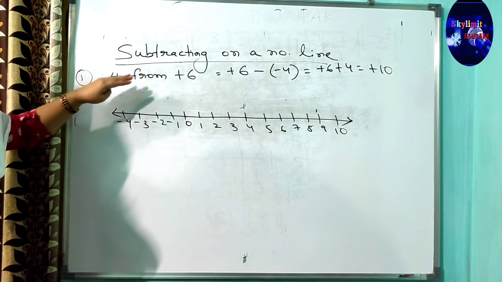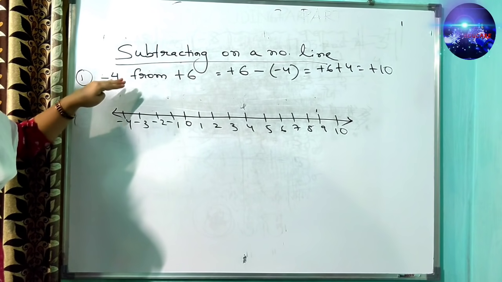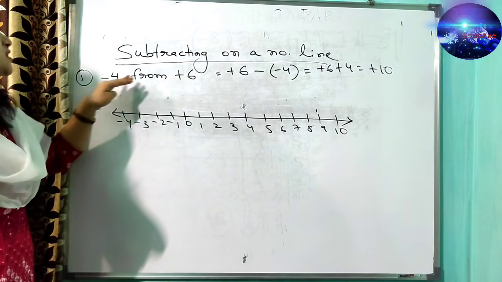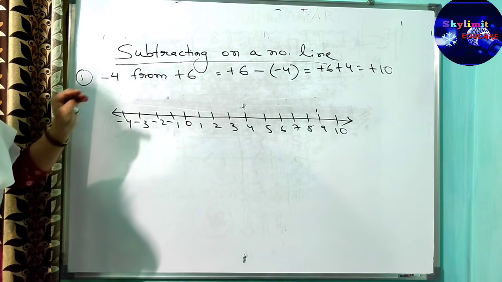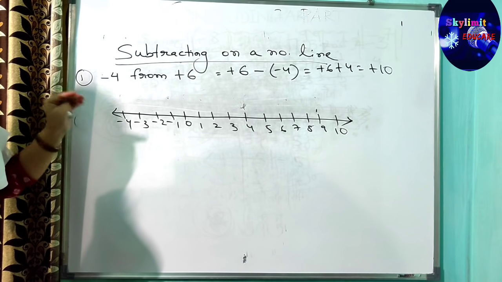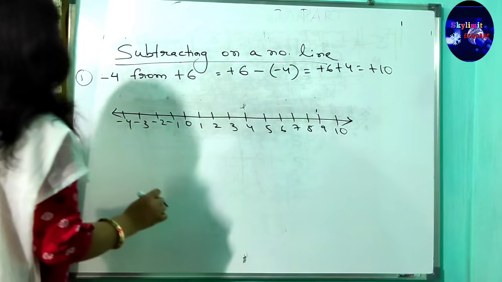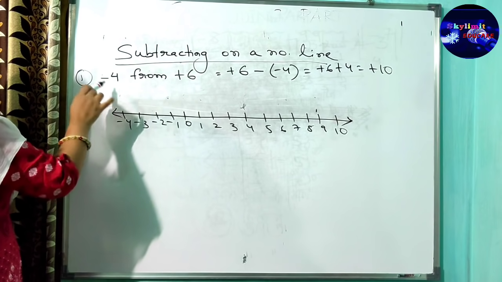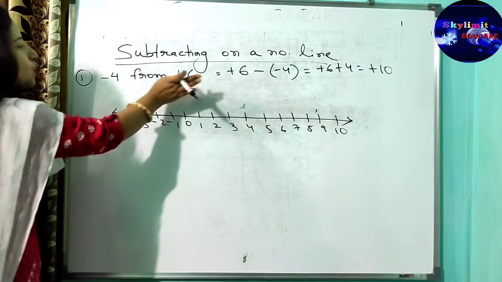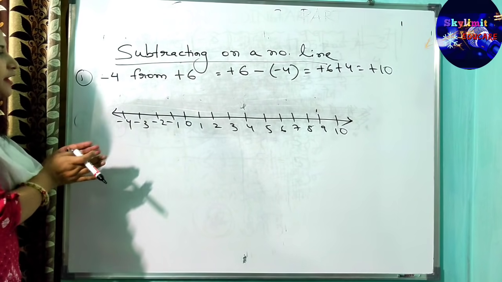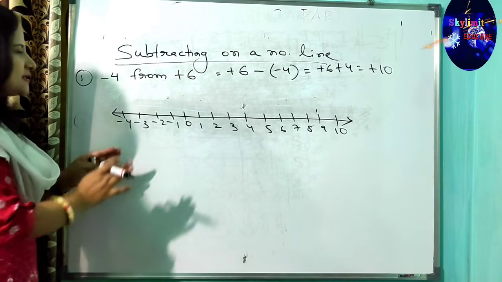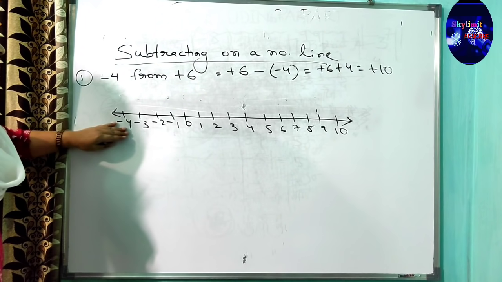Now, you have to subtract what? Minus 4 from plus 6. So the first thing that you are going to do is take minus 4 up to 6. Where is minus 4?